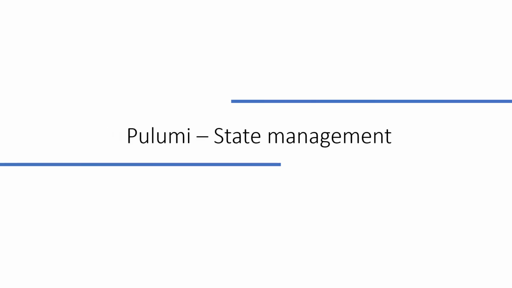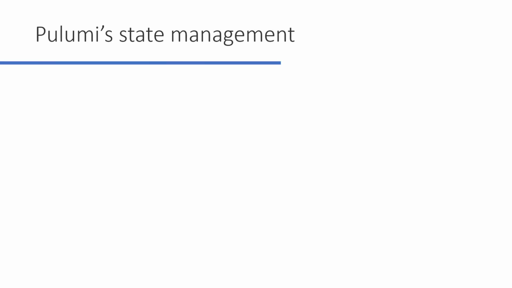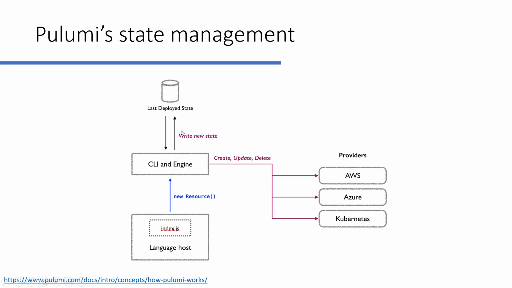So let's have a word about state management. If we take a closer look at how the deployment actually happened in Pulumi, this diagram comes from the Pulumi documentation right here. Okay.